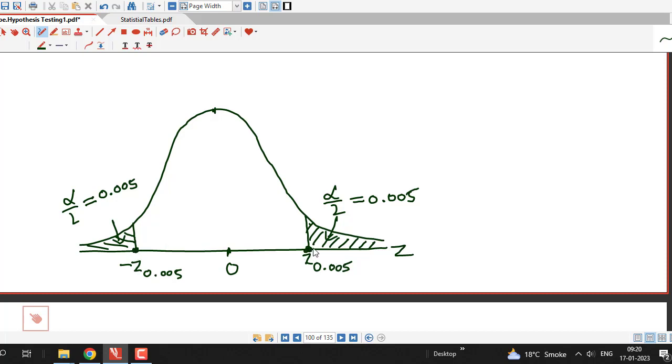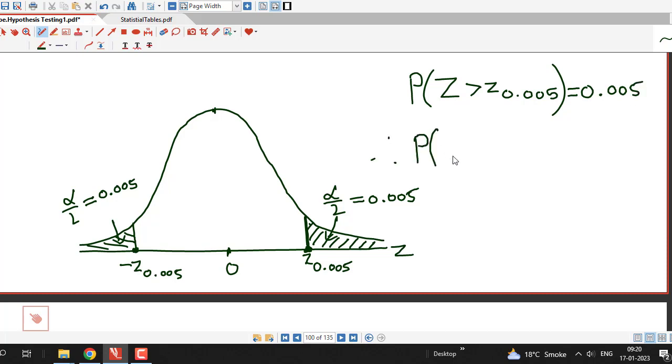So from this we can say that probability that capital Z is to the right side of Z suffix 0.005 is equal to this area to the right side of this point, and it is 0.005.